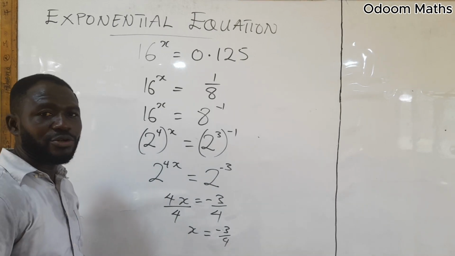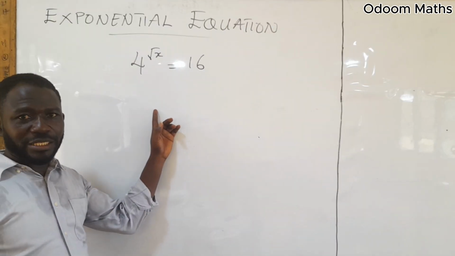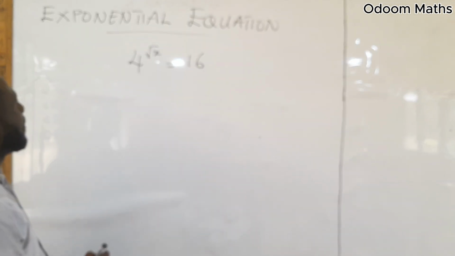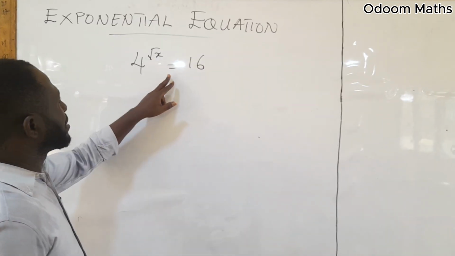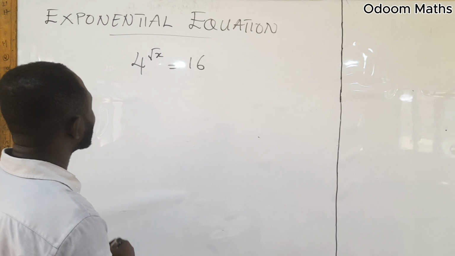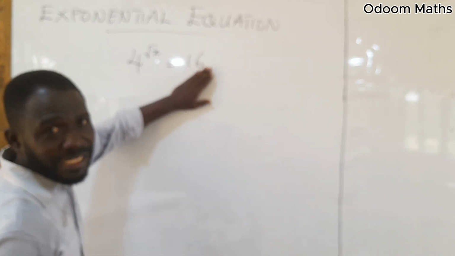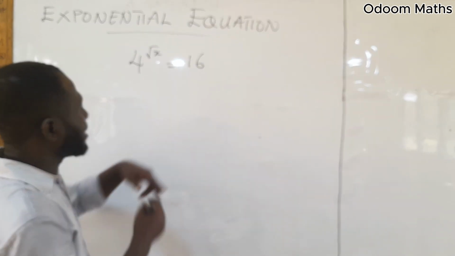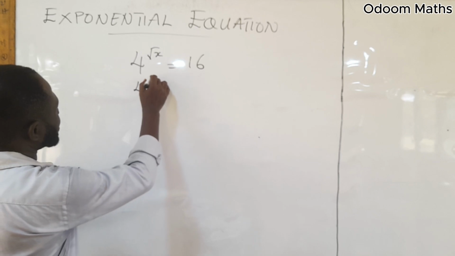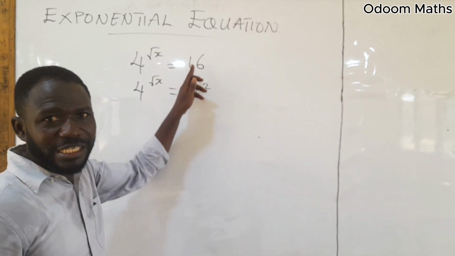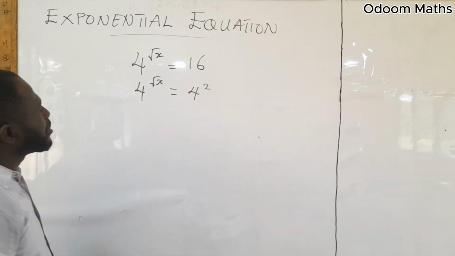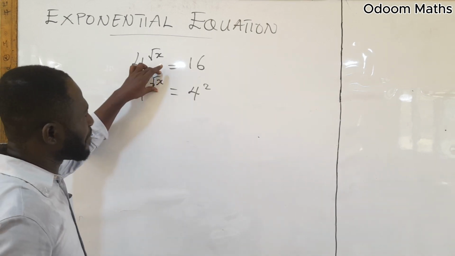Okay, let's look at another example. Let's look at this one also. So this is 4 to the power root x equals 16. Now let's change this one to a base of 4 with a certain power. So 16 becomes 4 to the power 2 because 4 to the power 2 is 16. Now we can equate the powers straight away.